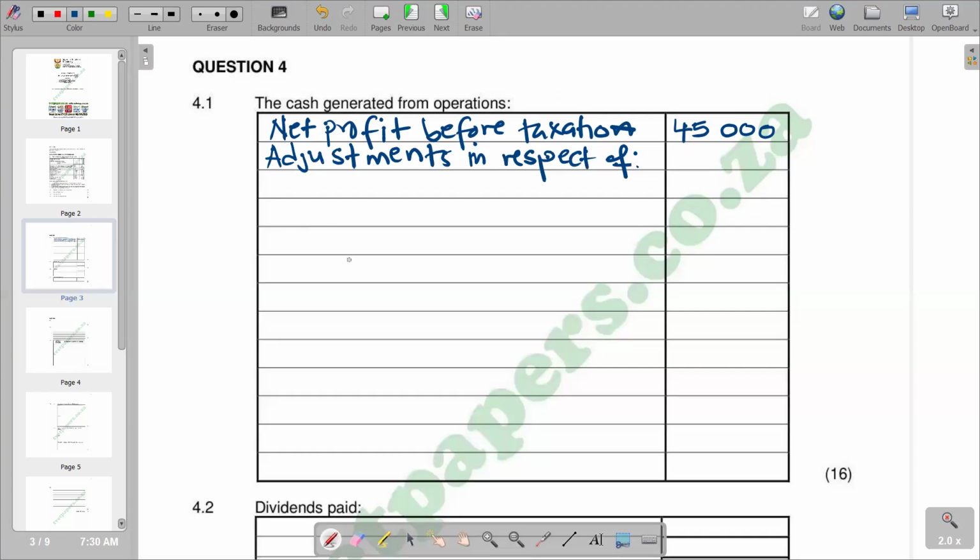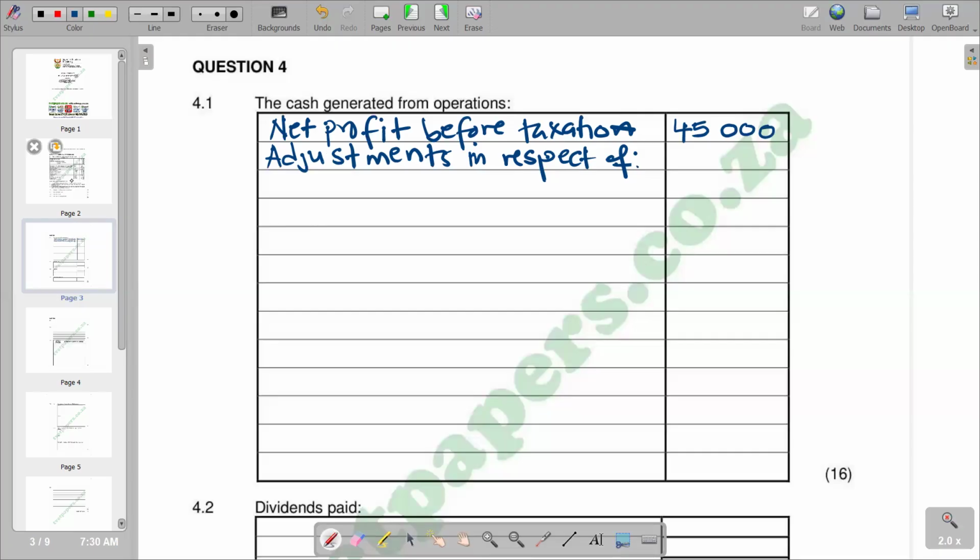For example, depreciation. Initially, depreciation in the income statement was subtracted as an expense, but under the calculation of cash generated from operations, we are trying to remove all the non-cash items that were adjusted in the profit and loss account in the income statement. So since depreciation was initially subtracted, it means in this note, we are supposed to show it as an addition as we are removing it.